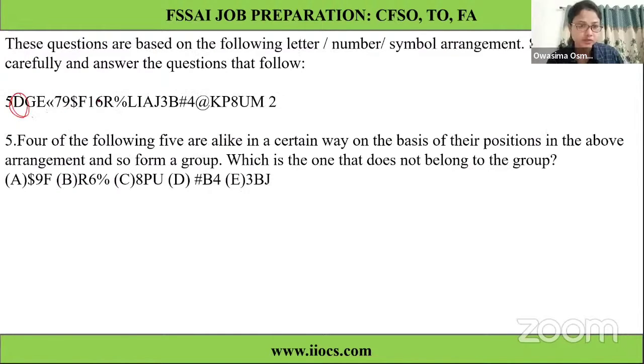Next consonant is R. R is immediately followed by a consonant and not immediately preceded by a vowel. Next term is B, followed by a consonant and not preceded by a vowel. Next U is the term, though U itself is a vowel, so we will consider U also. U is followed by the consonant 8 and not preceded by a vowel.